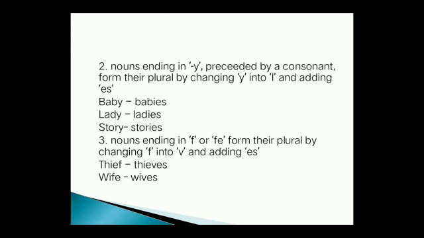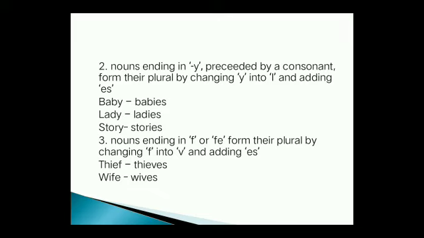Then we have nouns ending in y and preceded by a consonant form their plural by changing y into i and adding es. For example, see here, we have baby. The last letter is Y, and just before Y we have a consonant, that is B. In lady, we have D, and in story, we have R. So these three letters are consonants.